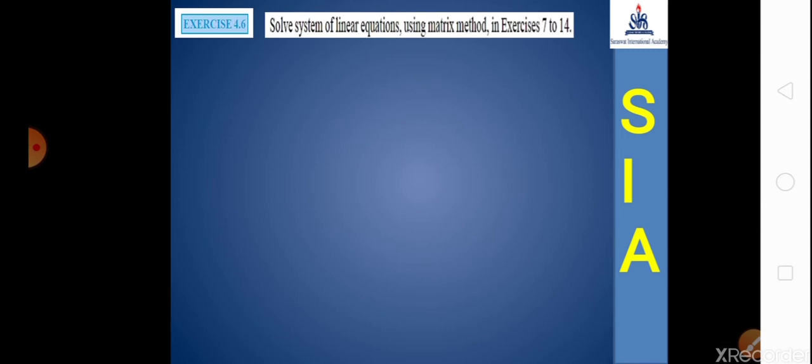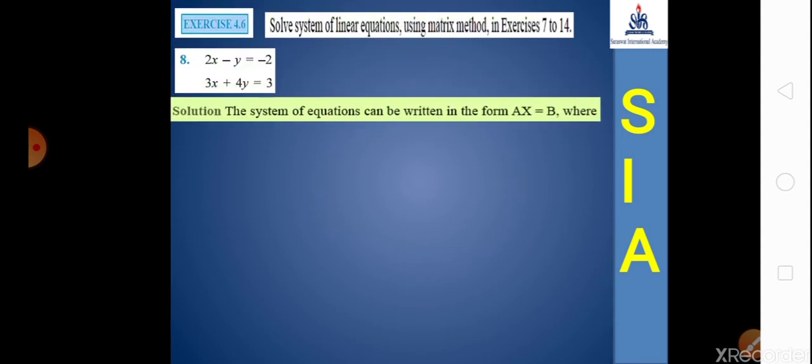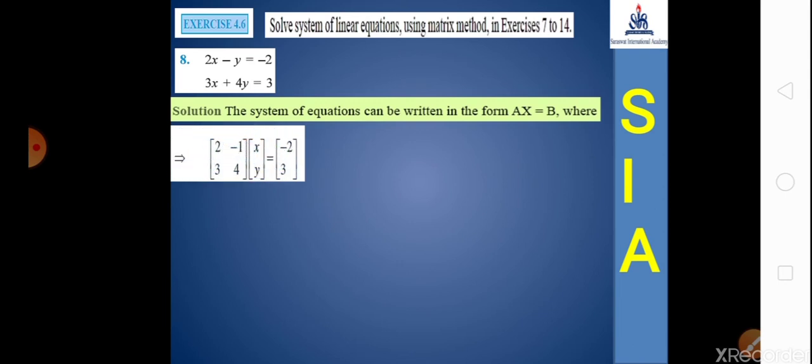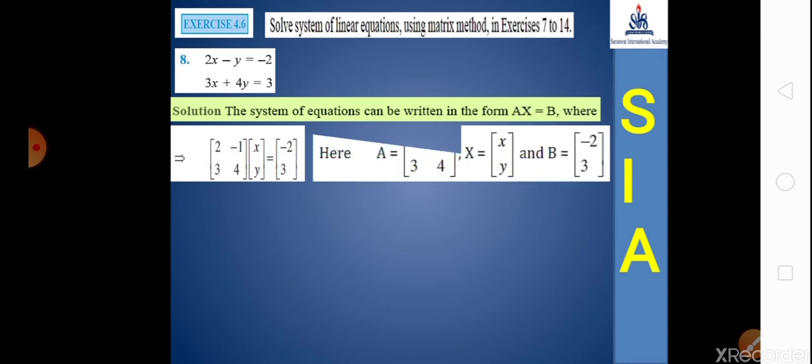Next one, question number 8. Same statement: the system of equations is written in the form AX = B. So you easily convert to your A matrix, X matrix and B matrix and move ahead. A is ready, X is ready and B is ready.